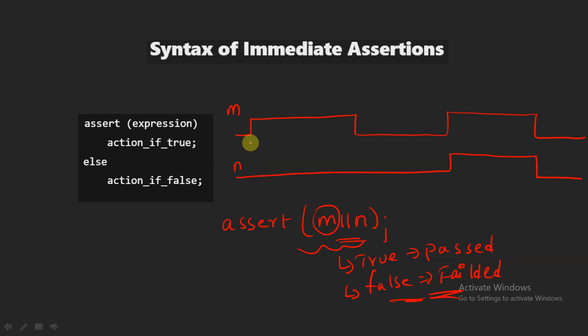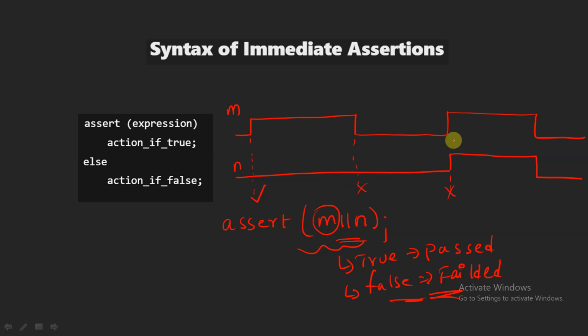Here the assertion will pass. Up to here there is no problem. But here the assertion is getting 0. The value of m is 0 and the value of n is 0, so the assertion will fail. Up to here also the assertion will fail, because m is equal to 0 and n is equal to 0.